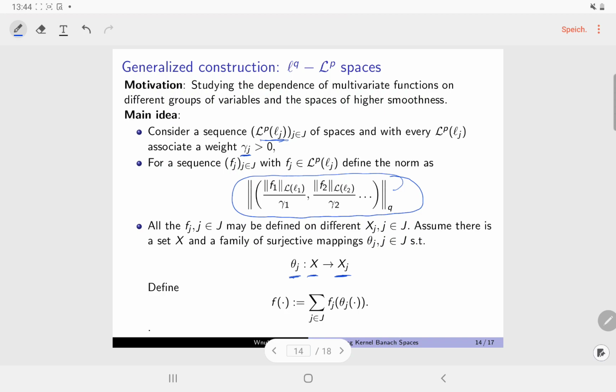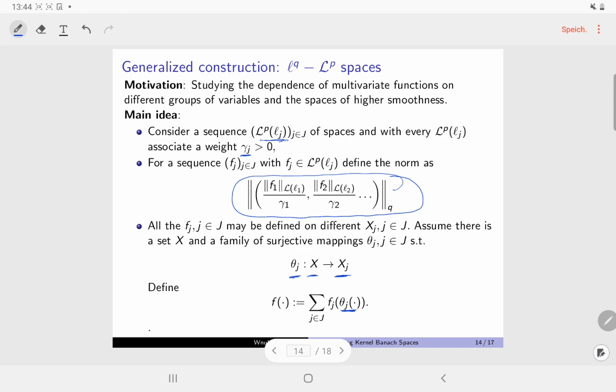And finally, we may define a function f just by summing up the sequence with appropriately changed arguments. So we just move the arguments from x to xj, so it makes sense to take fj of this argument.